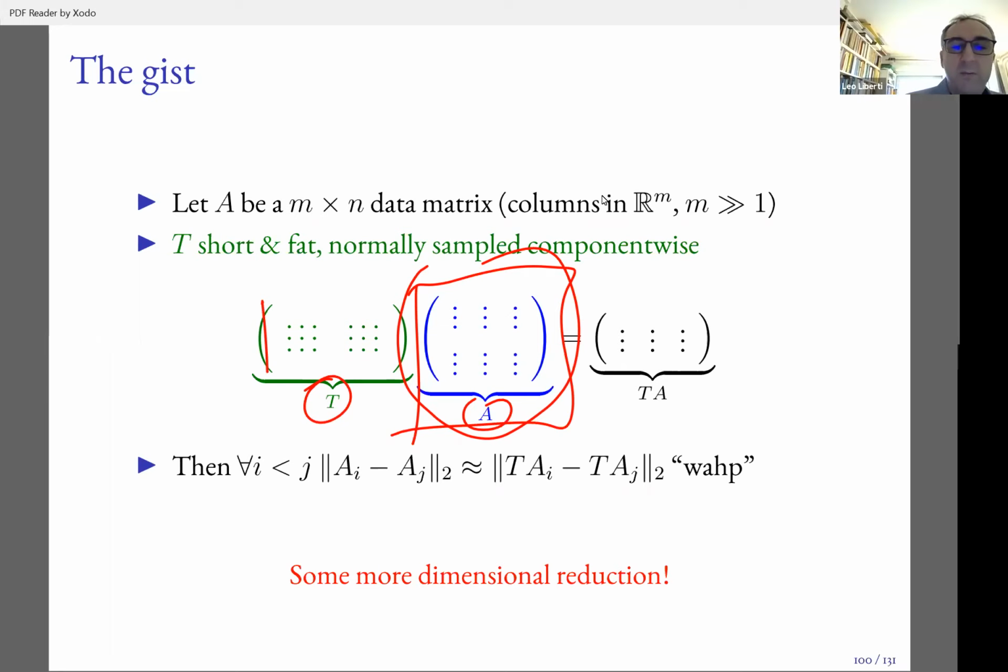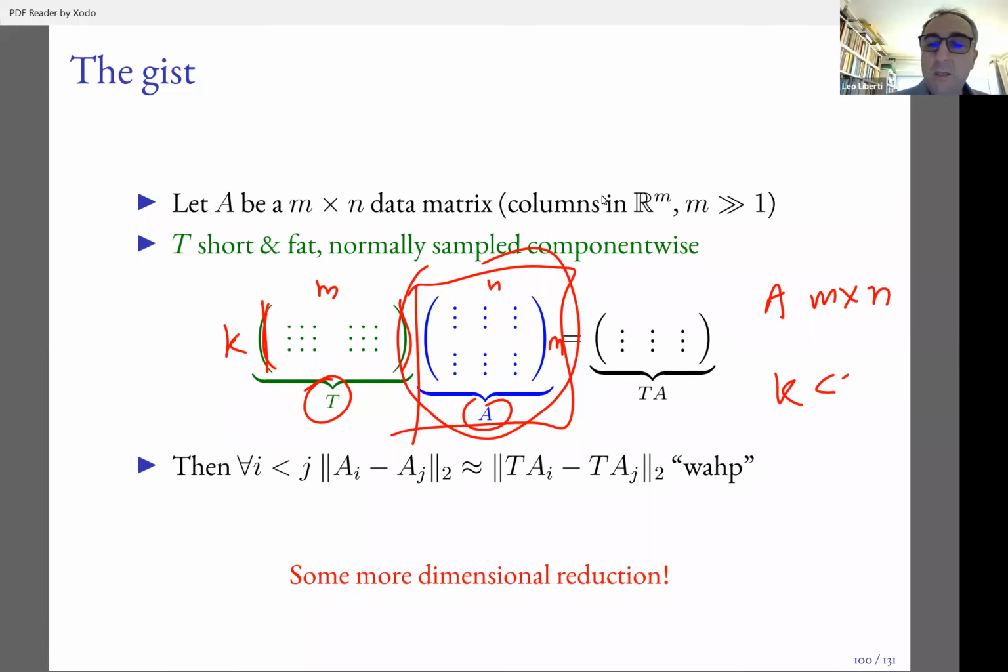So A would be M times N, with M rows and N columns, and that means this green matrix should have M columns and K rows. And K must be much smaller than M, okay?